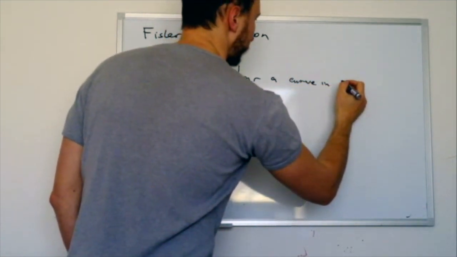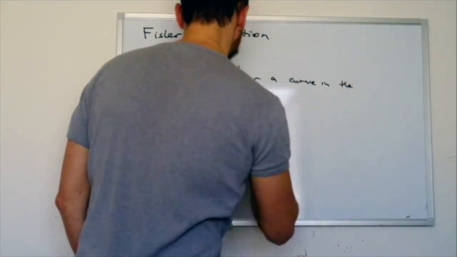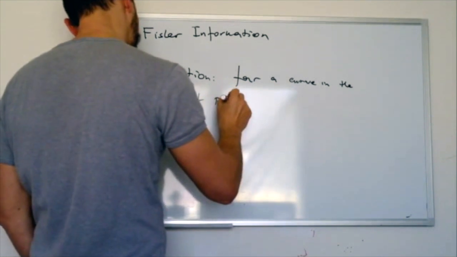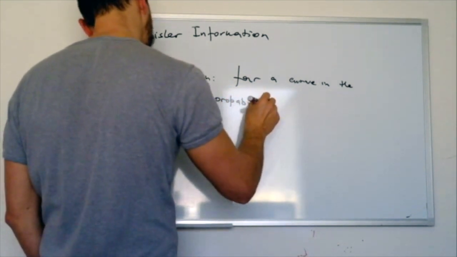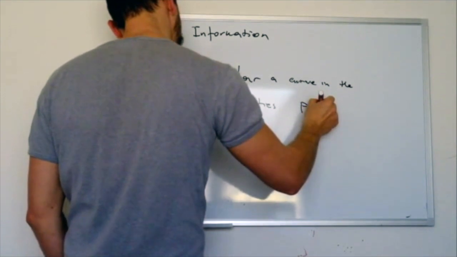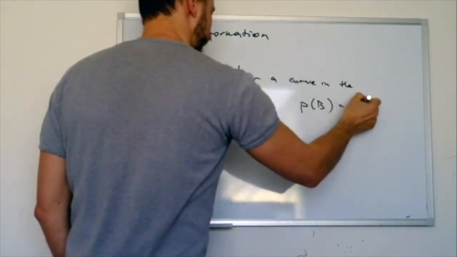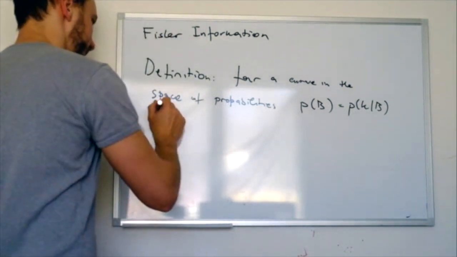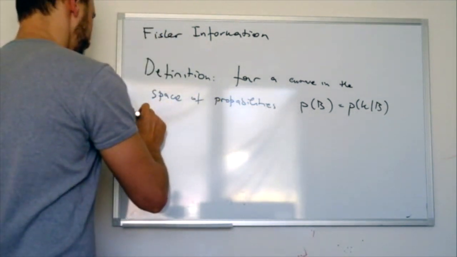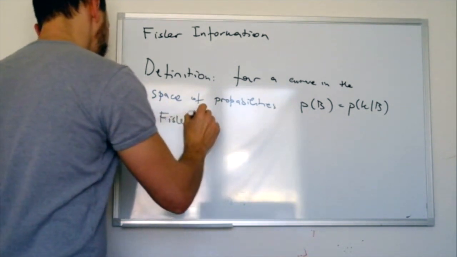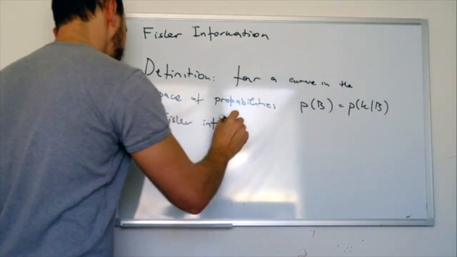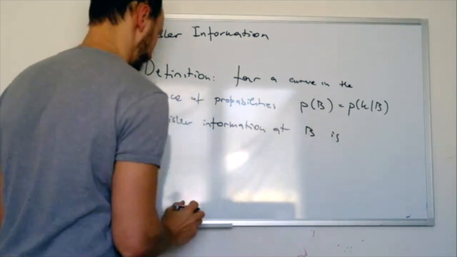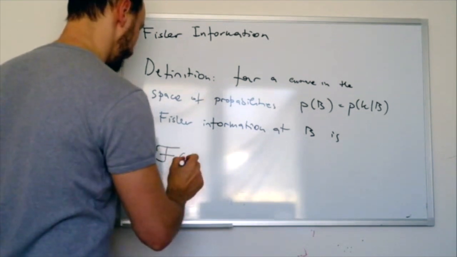So for a curve in the space of probabilities, again P of b, which is equal to the probability of outcomes conditional on b, the Fisher information at b, we'll write like this, F of P and b.